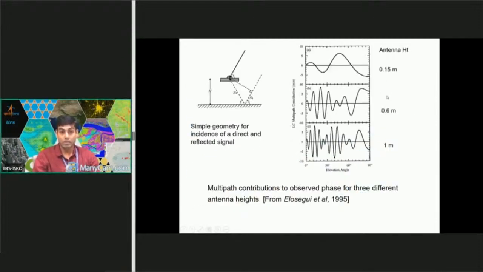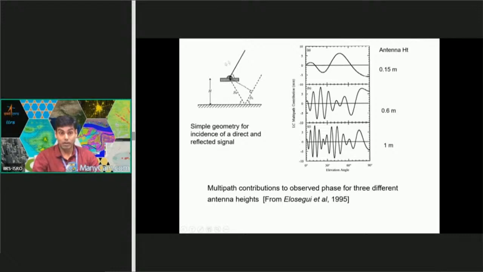So that's why we use a choke ring antenna to remove the multipath effect. Here is the different antenna height, and here is the multipath combination LC, and this is the elevation angle, showing how they are related. We can see that at low elevation angle there is a huge multipath error, but at high elevation angle there is low multipath error.